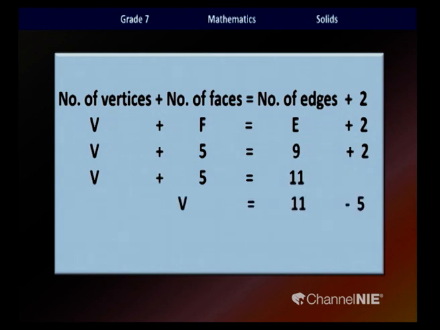Therefore, I have subtracted 5 from both sides. So, v plus 5 minus 5 becomes v, that is number of vertices, equals 11 minus 5. Therefore, we can simply get the value of the number of vertices by subtracting 5 from 11. So, 11 minus 5 is 6. Therefore, the number of vertices in this solid can be taken as 6.